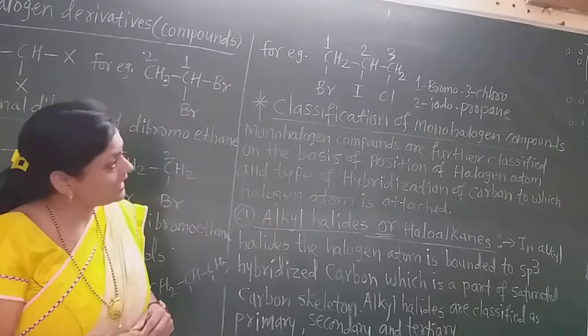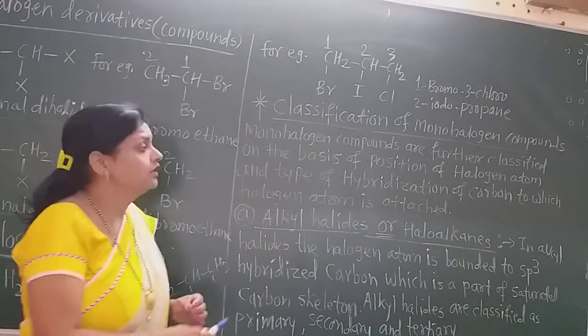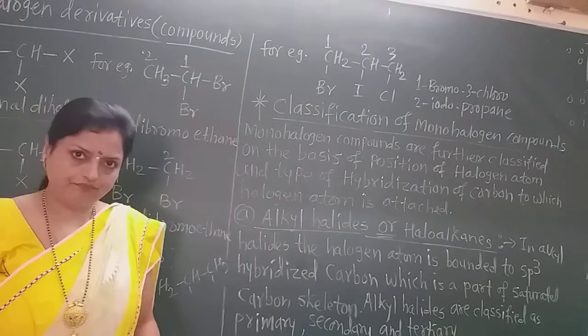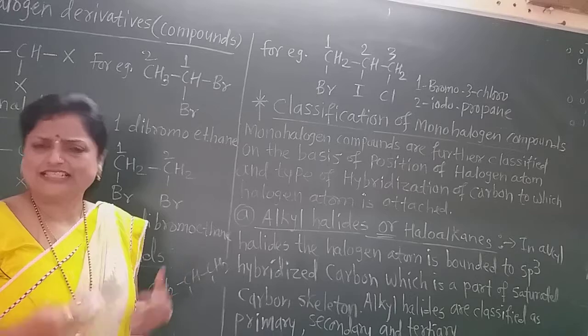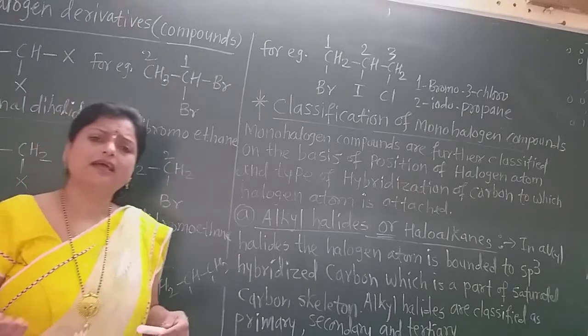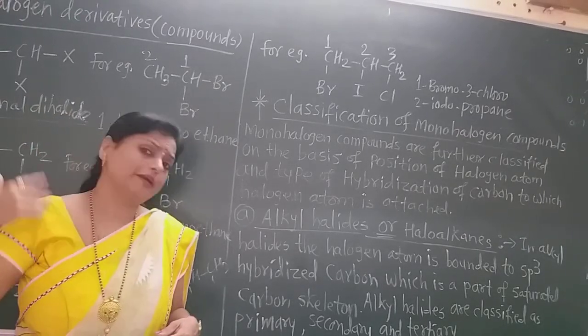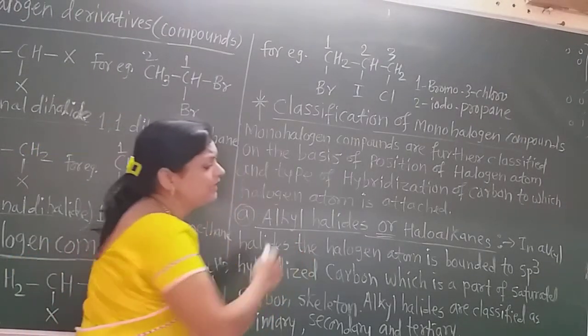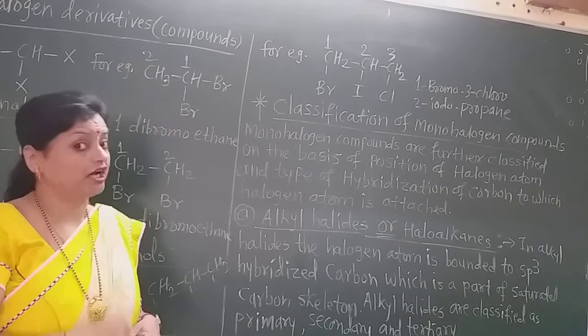Now let us classify the monohalogen derivatives again. They are classified first as alkyl halides or haloalkanes. This is very simple and we learned it many times in 11th standard. Now in alkyl halides the halogen atom is bonded to an sp3 carbon atom.